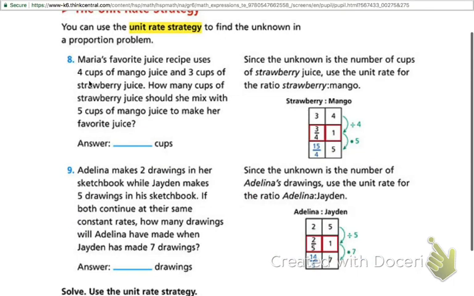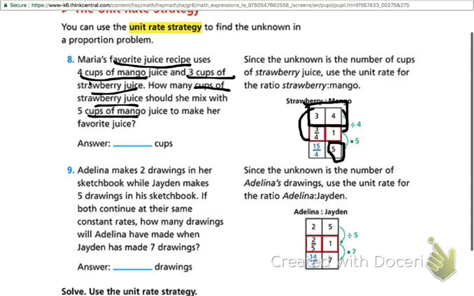Okay. Just to be fast, Maria's favorite juice recipe uses 4 cups of mango and 3 cups of strawberry. How many cups of strawberry juice should mix with 5 cups of mango juice to make her favorite juice? So the ratio is 3 to 4. So when we make it into a unit rate, that's 3/4. So if it's 3/4 and this is 5, then we take 5 and we multiply that, just like we multiplied over here, doing the same thing to both sides, and it becomes 15/4. 5 times 3, because remember, when you multiply by this notation, you take 5 over 1.